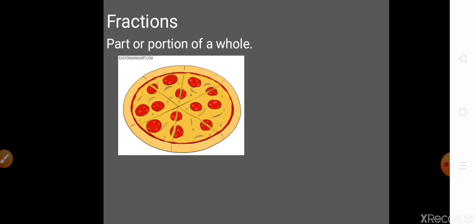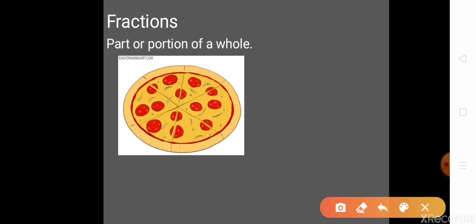So, whatever it is, if I divide this pizza into 6 equal parts, or say portions, mind you, equal, as you can see, there are already 6 divisions: 1, 2, 3, 4, 5, and 6.